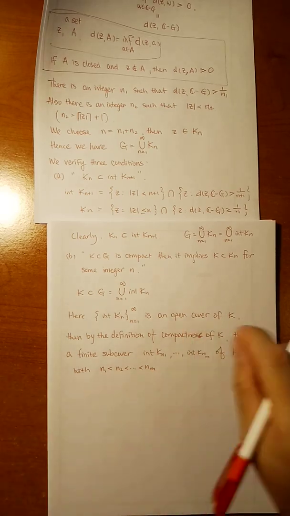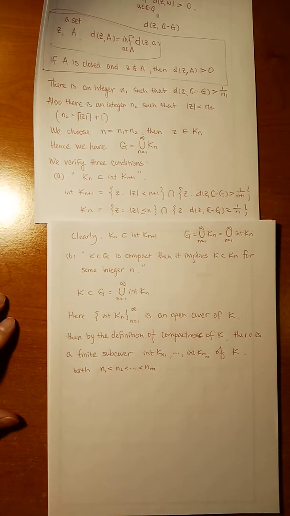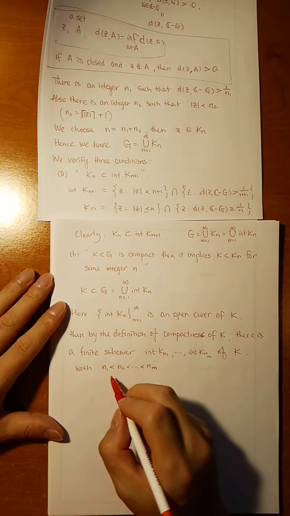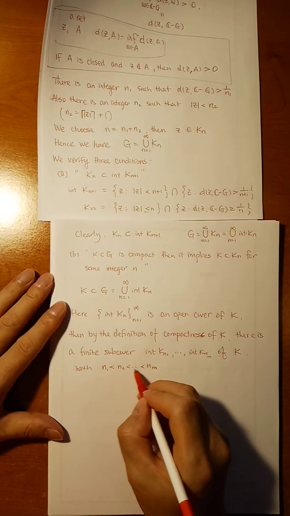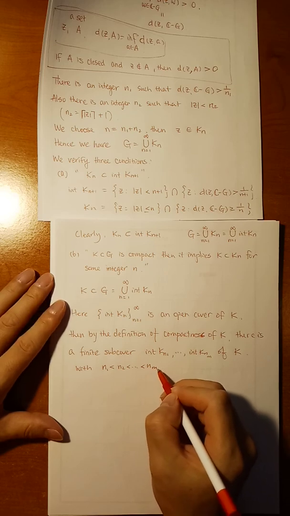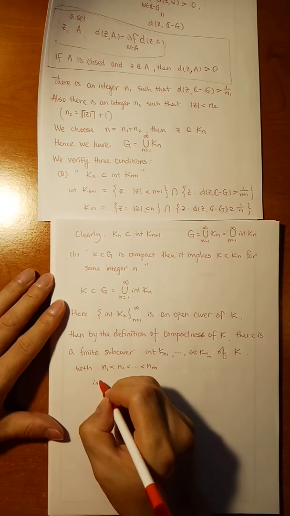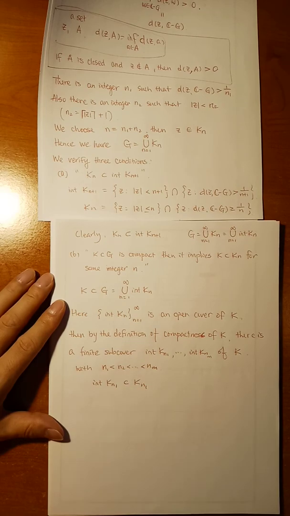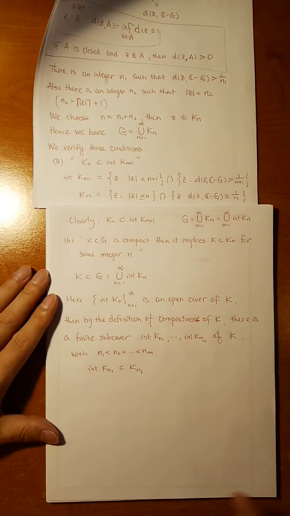Okay, so we just pick some finite subcover. And once we have n1 less than n2 less than nm, the interior part of Kn1 is contained in Kn1. Interior part is a subset.